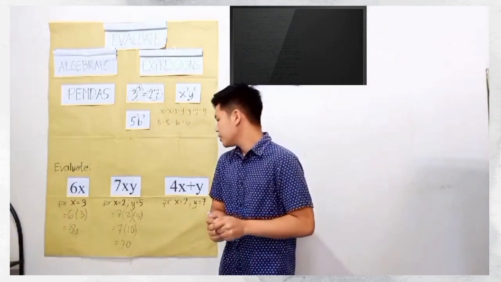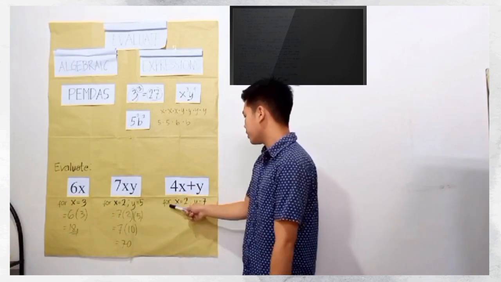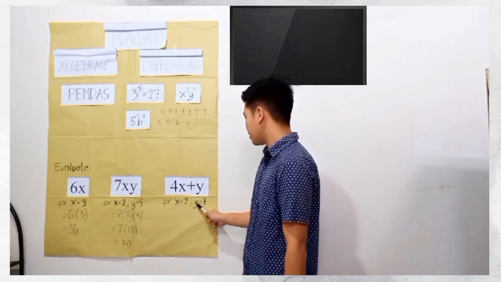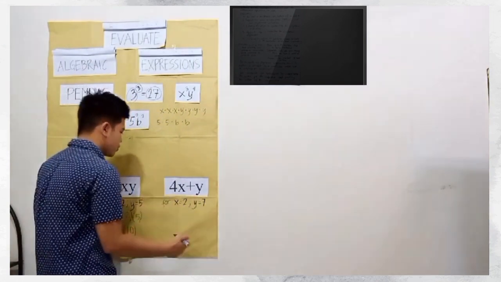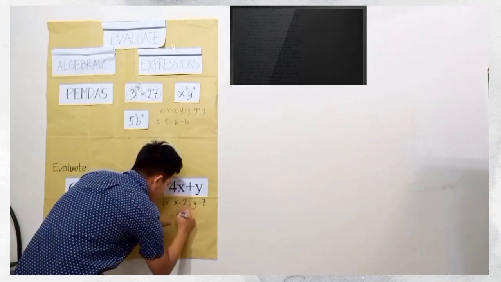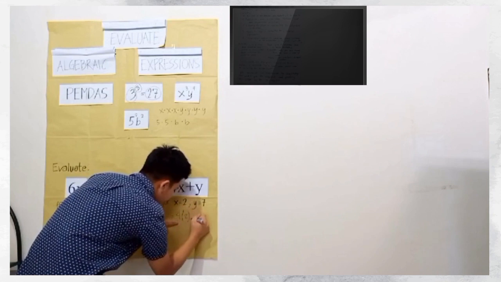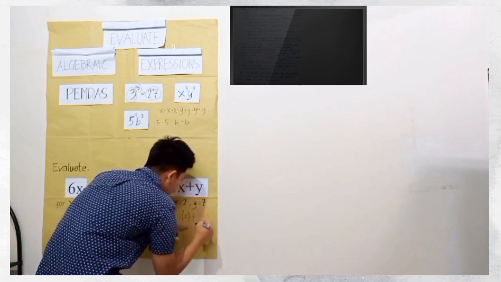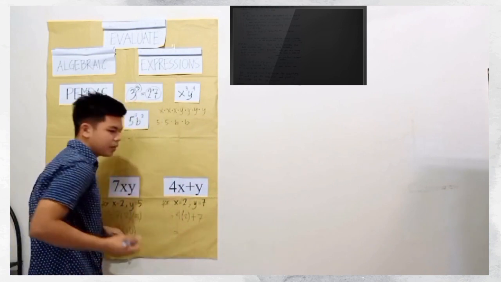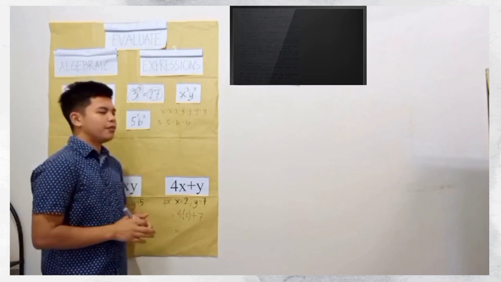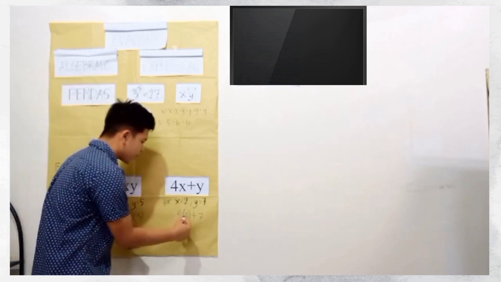Okay, so let's proceed to the third example. We have 4x plus y, for x is equal to 2 and y is equal to 7. So, substitution, our first step: 4 times the value of x, which is 2, plus the value of y, which is 7. Now, following the PEMDAS, we will solve first 4 times 2.